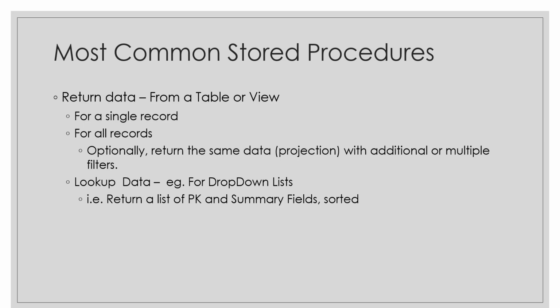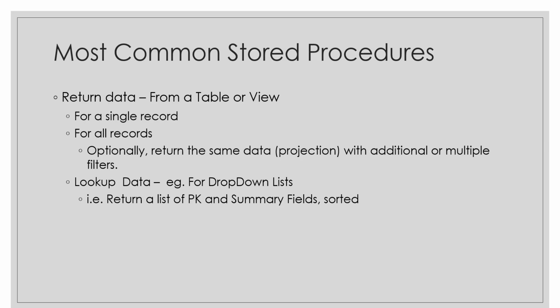Well, usually there's only two columns of data needed. One is the internal value of each unique item in the list, because that's probably the actual foreign key. Maybe it's an integer identity, something like that, right? And then the text to be displayed in the drop-down list. Well, that's another data returning stored procedure we might make to provide the data for those drop-down lists, right?